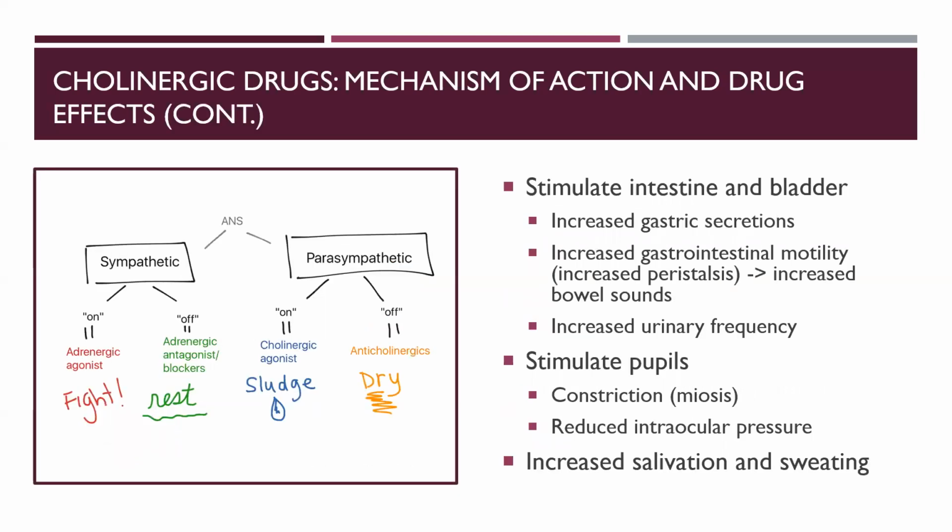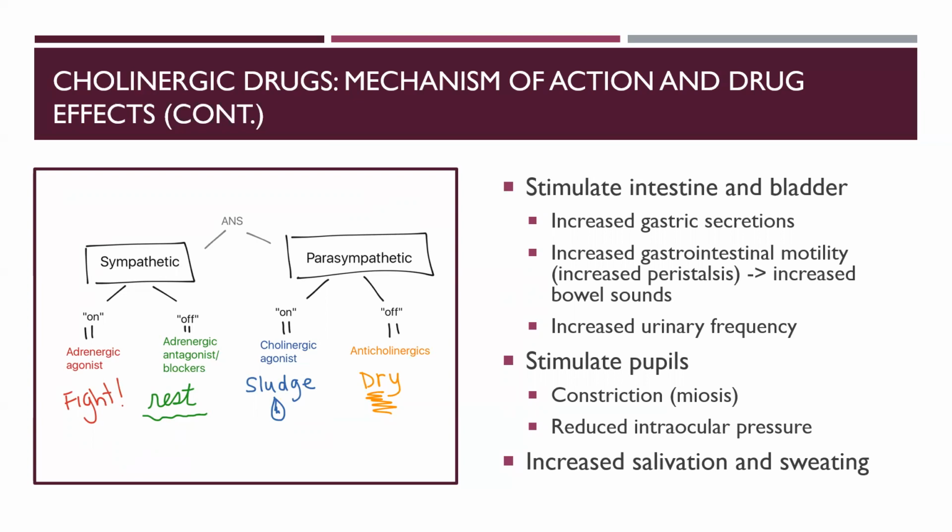So with this, and this is that picture we were talking about, it can stimulate intestines and bladder. So it causes increased gastric secretions, increased gastrointestinal motility, which causes increased peristalsis, increased bowel sounds.